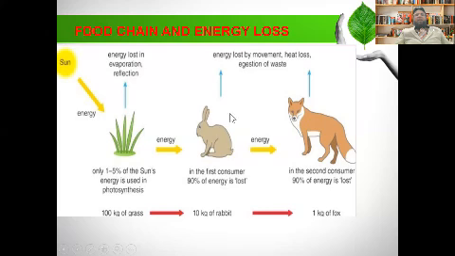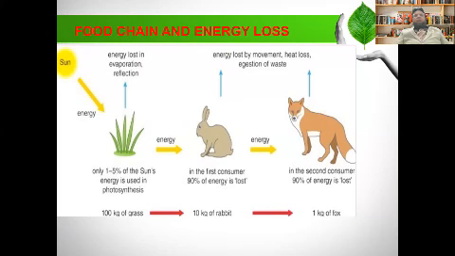And when this animal is eaten by another animal like a fox, it is a secondary consumer, which is also called a carnivore. When the primary and secondary consumers are eaten by a tertiary consumer, like the lion or tiger, the energy again is transferred to the next level.